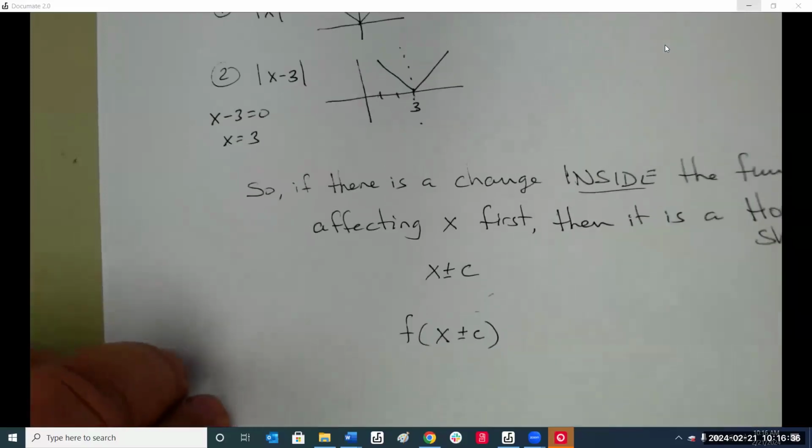All right. The next one we're going to look at are vertical shifts.